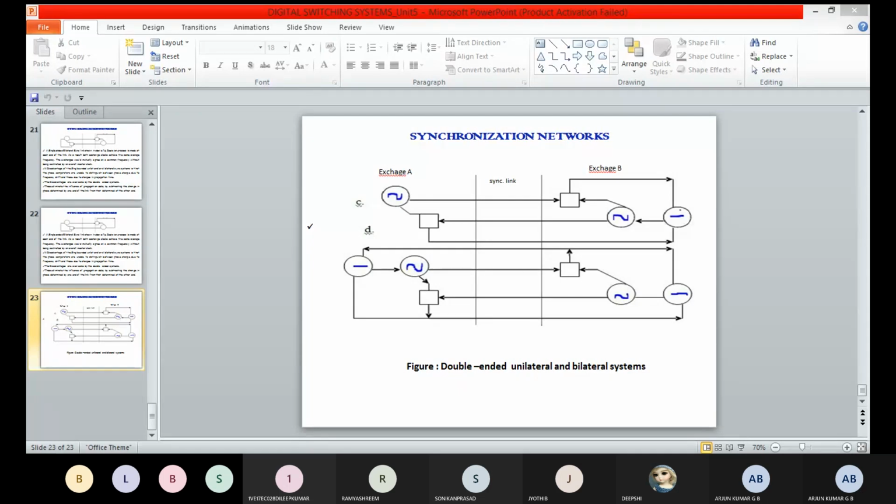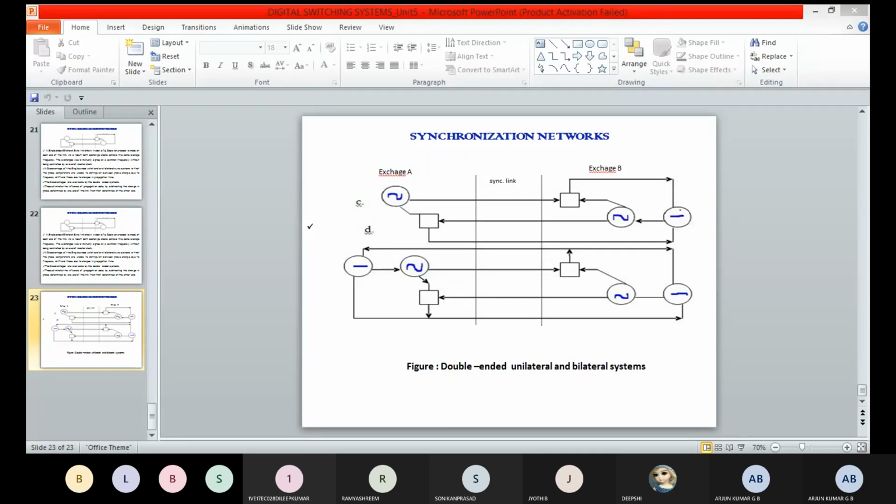And then there is a phase error detector at each exchange. You can see there is a square box. That is called a phase error detector, at exchange A and at exchange B. In both exchanges we include one more component, the phase error detector.